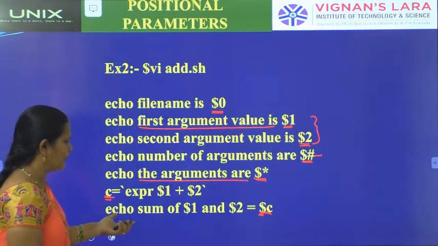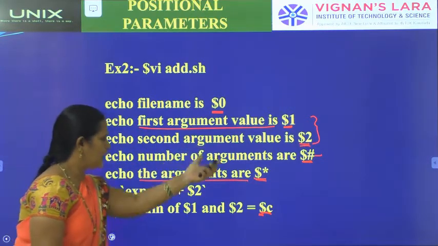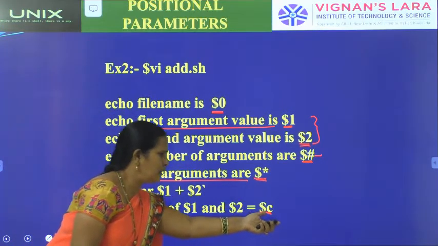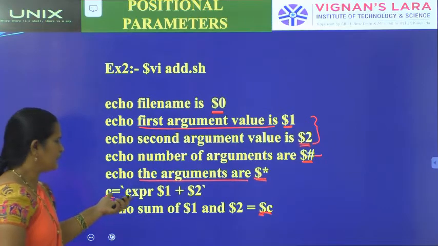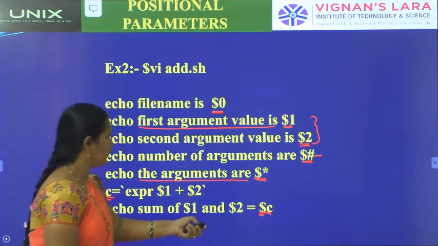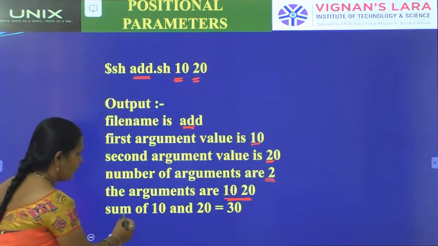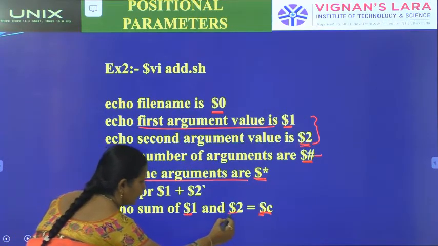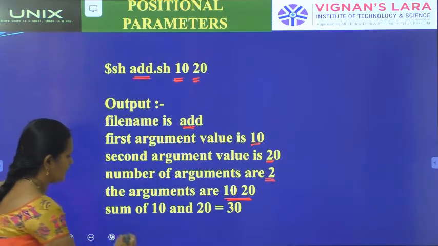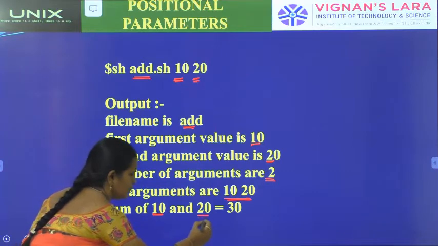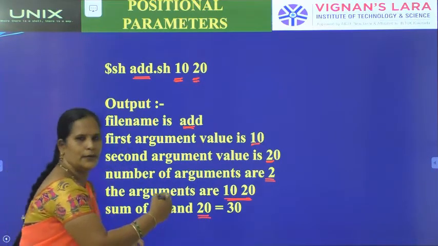So echo space sum of $1 and $2 is equals to $C, because C contains the sum of these two positional parameters. So observe, it is going to display sum of $1 value is 10, $2 value is 20, is equal to $C.